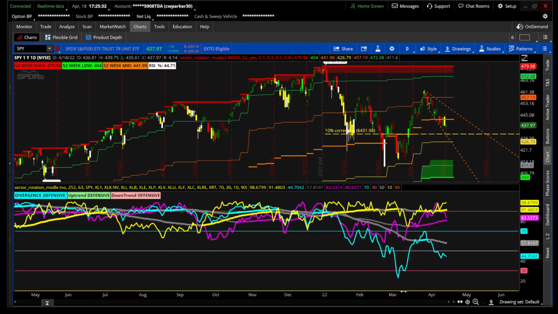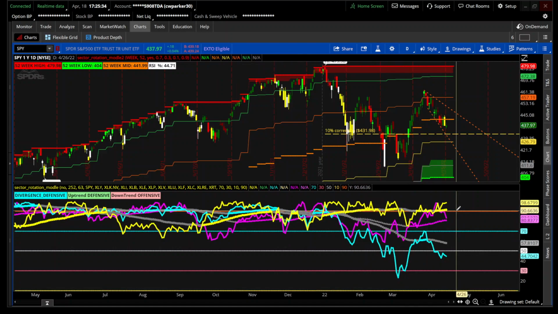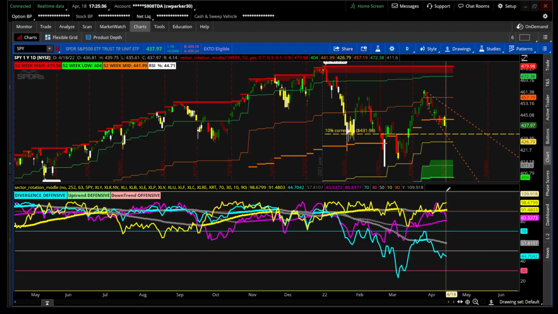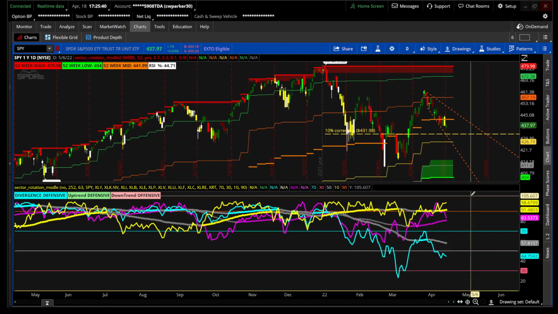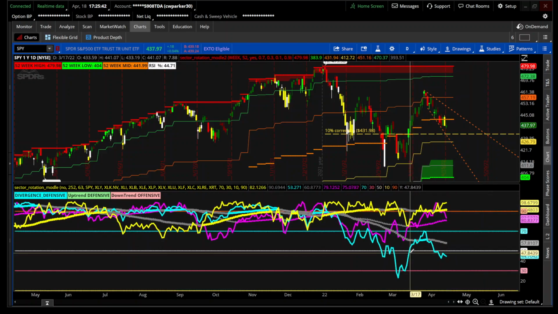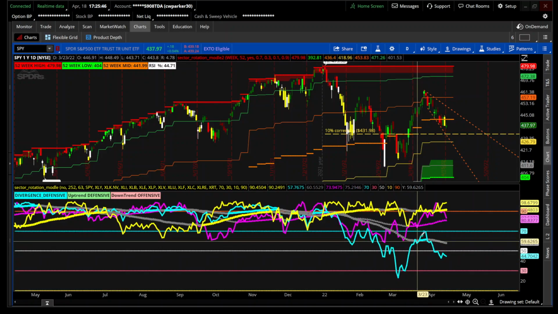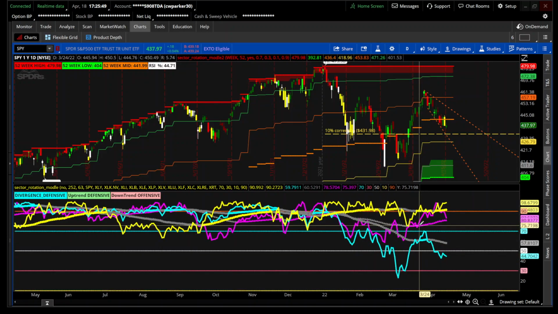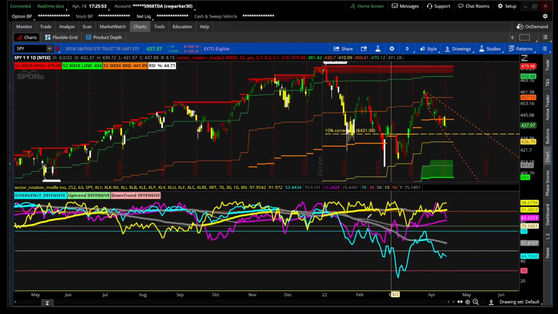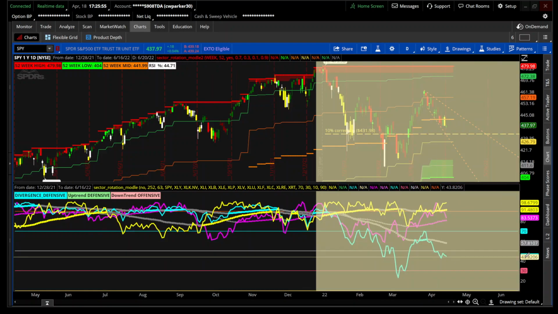So this would be the 52-week low, and this is 90, and 100 would be the 52-week high for the stocks. Essentially, cyan would be your offensive, magenta would be your defensive, and yellow is going to be your energy. These gray lines are just the averages.